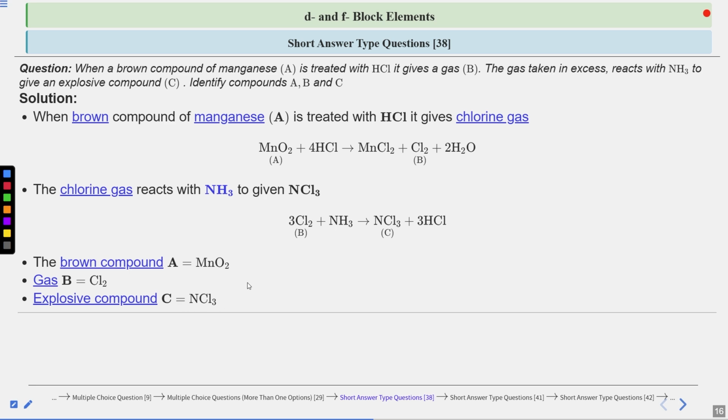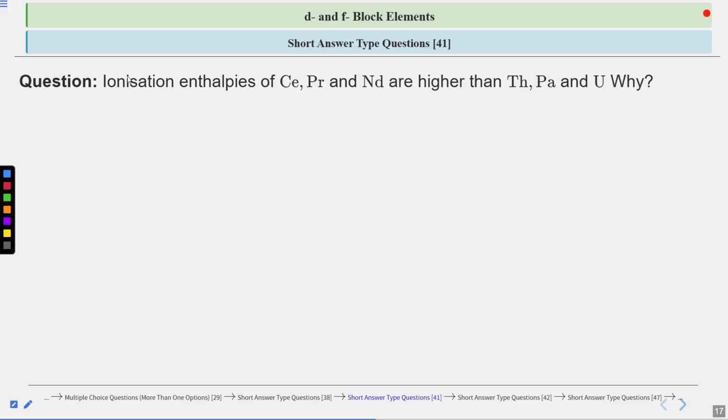Okay. Let's move to our next question. The question is that the ionization enthalpies of cerium, Pr, that means praseodymium, and Nd, that means neodymium, are higher than those of Th, that means thorium, Pa, that means protactinium, and U, that means uranium.